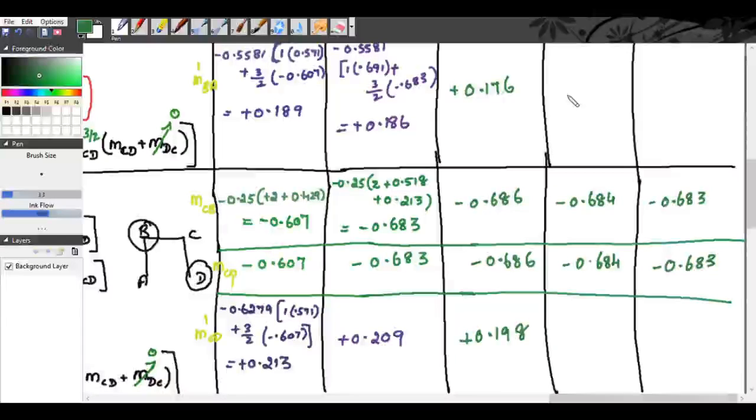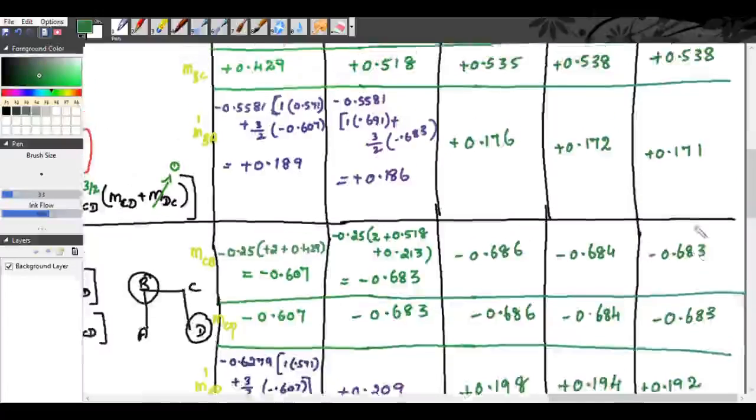Fourth iteration, M dash of BA is equal to plus 0.172 and M dash of CD is equal to plus 0.194. For the fifth iteration, M dash of BA is equal to plus 0.171, M dash of CD is equal to plus 0.192. So these are our values.